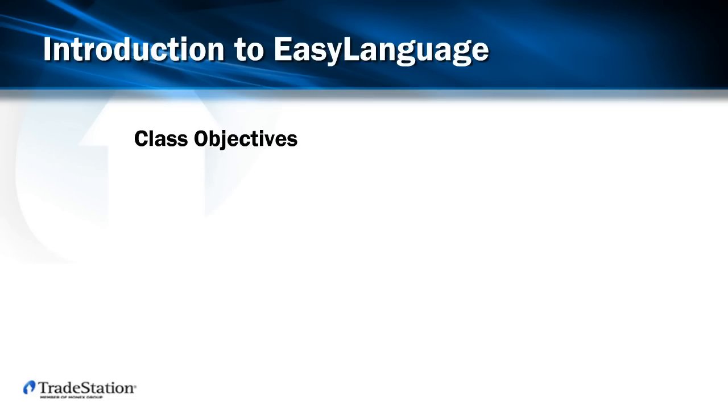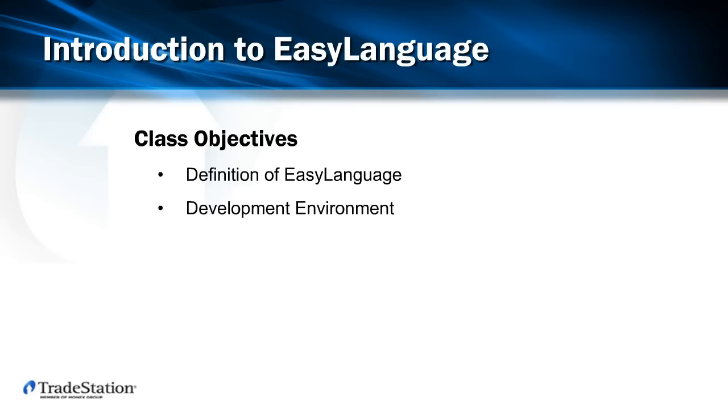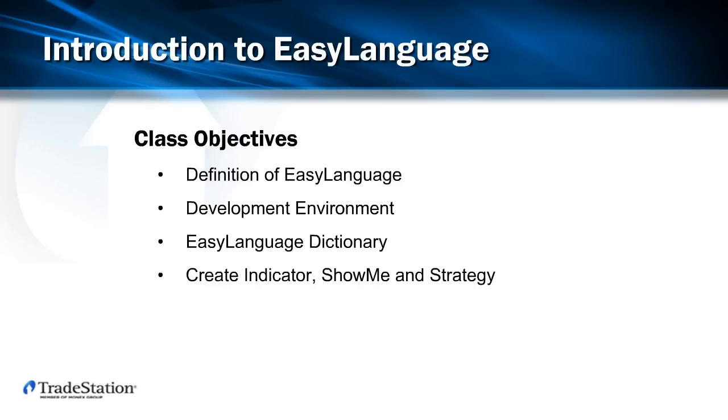During this class, we're going to explain what EasyLanguage is in simple terms and describe some of its operating principles. We're going to use EasyLanguage tools such as the TradeStation development environment and also the EasyLanguage dictionary. In this class, we're going to write a very simple indicator, a show me, and a very simple strategy, so you can see the different types of EasyLanguage documents that you can create.